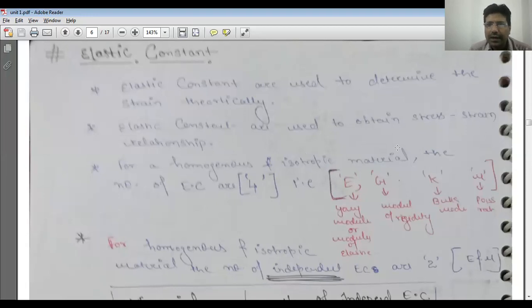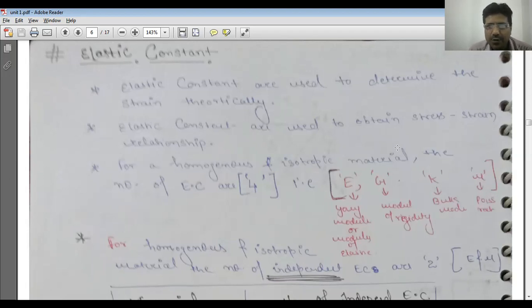As Hooke's law states, within the elastic limits, stress is directly proportional to strain. If we represent stress by sigma and strain by epsilon, then sigma is directly proportional to epsilon.